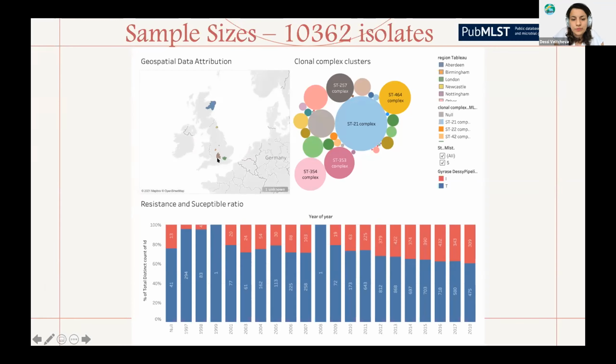We also have data from 1997 to 2018, and we have quality checked all these isolates. All the isolates have, for example, clonal complex data as well. Just to let everybody know, I is the resistant point mutation, and T, threonine, is the susceptible isolates.